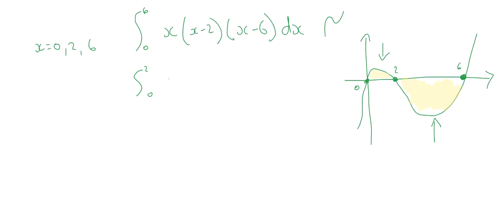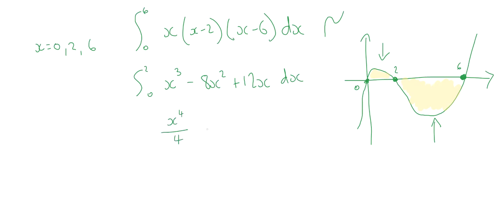So I'm going to have x cubed minus 8x squared plus 12x. So if you open all of that up, that is your expanded version of the original. So now I'm going to integrate with respect to x between 2 and 0. So again, add a power, divide by the new power.